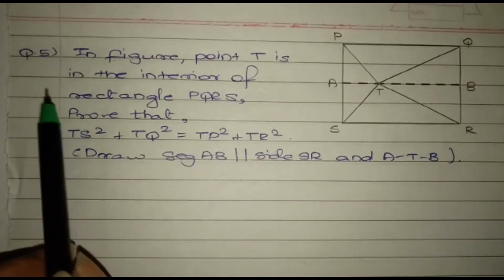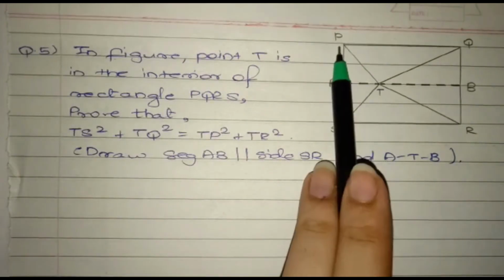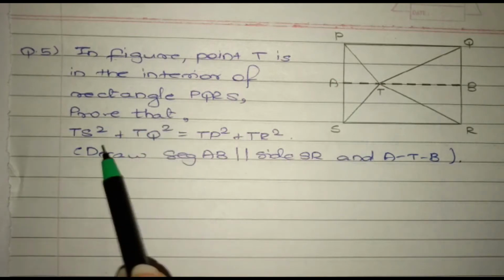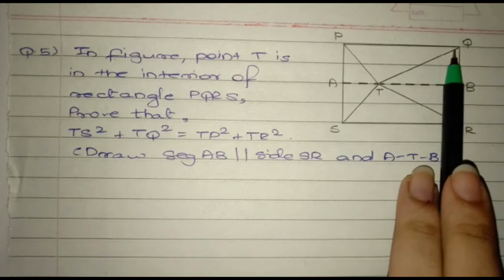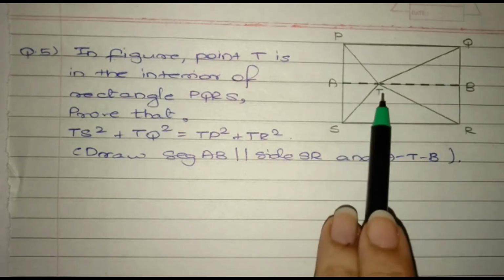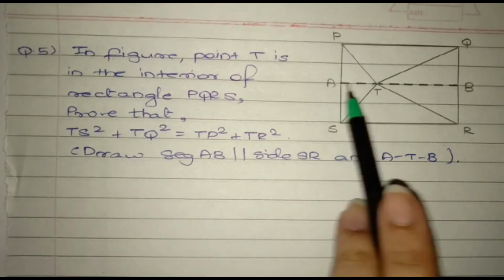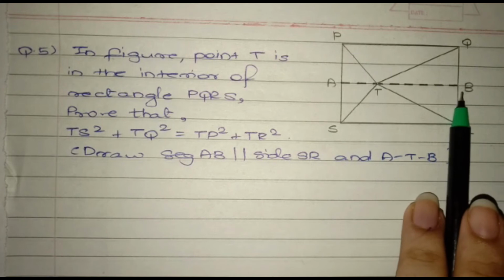Now in question 5th of practice set 2.2, point T is the interior of rectangle PQRS, and we have to prove that TS square plus TQ square is equal to TP square plus TR square. And we have to draw segment AB parallel to side SR, where A, T and B are collinear.